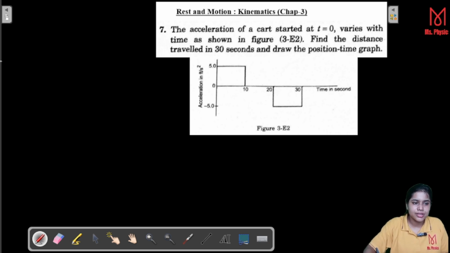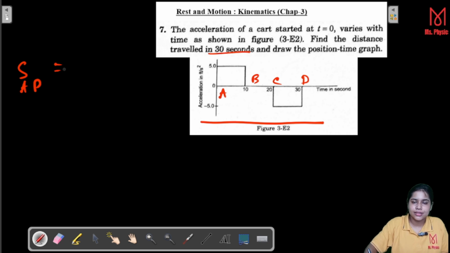Now here is your next numerical. The figure is given, and at time t equal to 0 the cart started, and you have to find out the distance in 30 seconds. If you give the names A, B, C and D, then you have to find SAD.